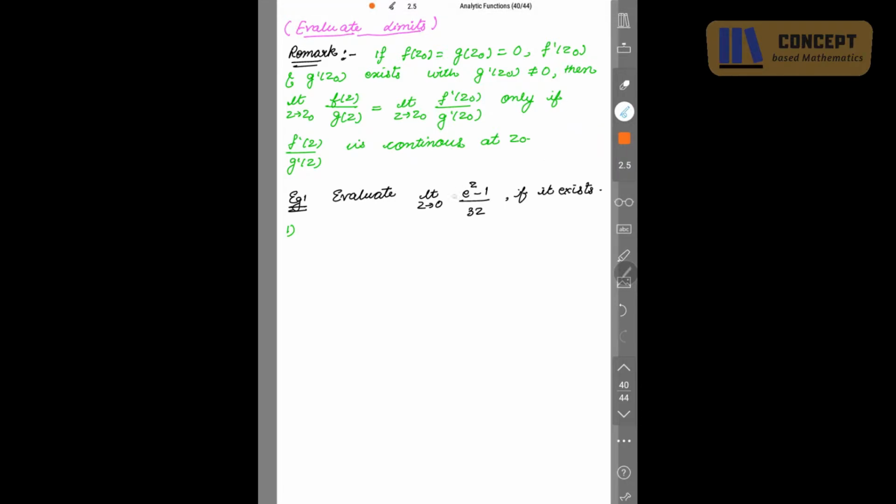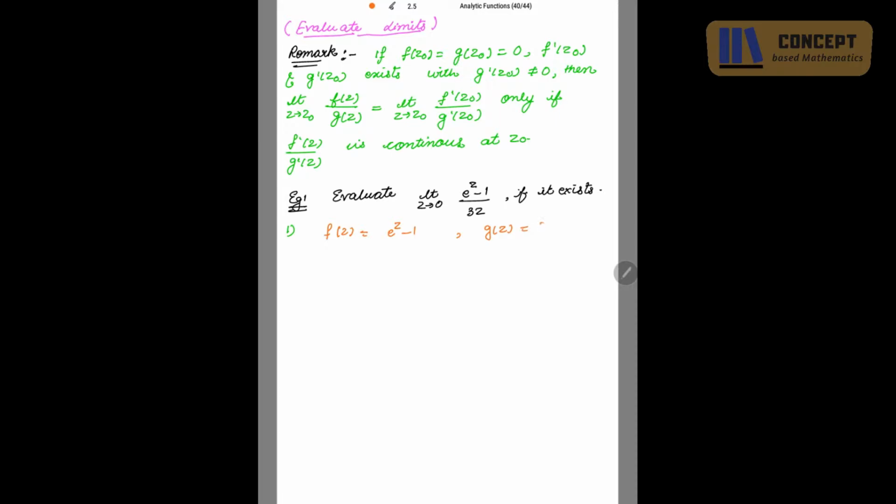Let us consider this first function as f of z, which is equal to e the power z minus 1, and the second function g of z, I am taking it as 3z. Alright. Then what is my z0 point? That is 0.